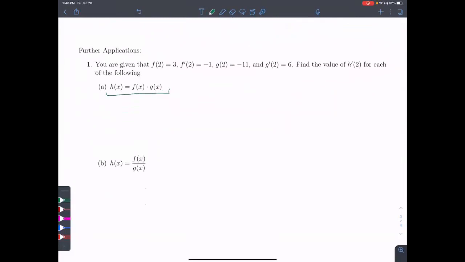What is the derivative of the product? So h prime of x would be first function times the derivative of the second plus the second times the derivative of the first. And that's true for any x. And if you want to know about h prime of 2, just replace all those input values with 2.